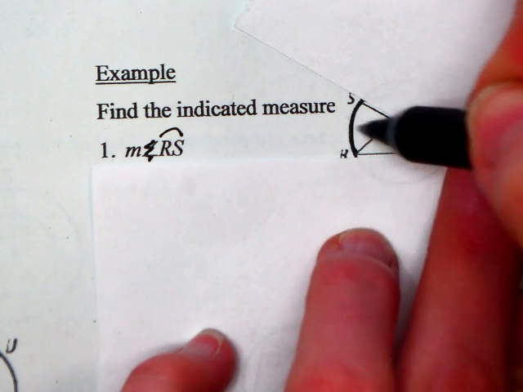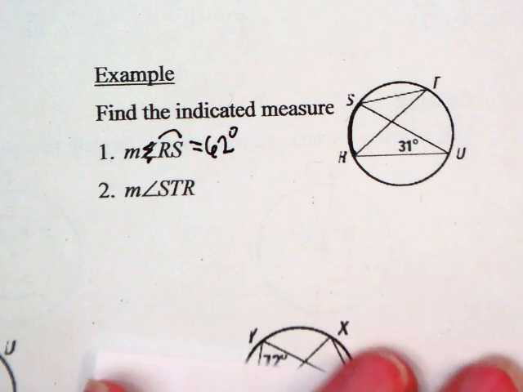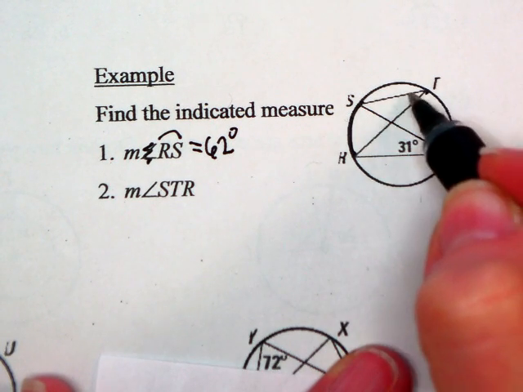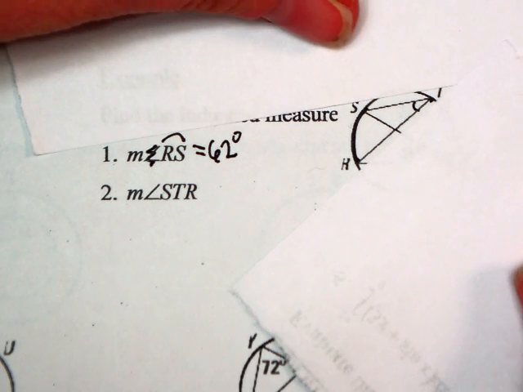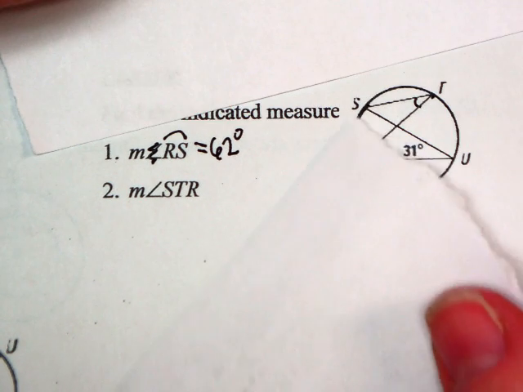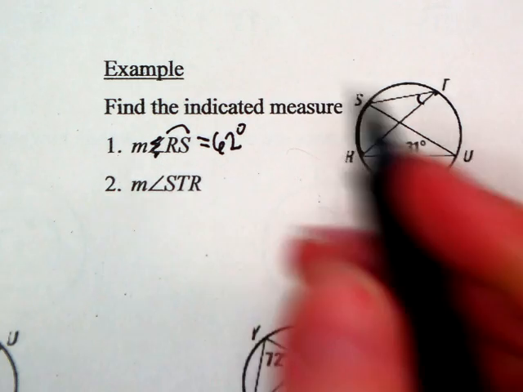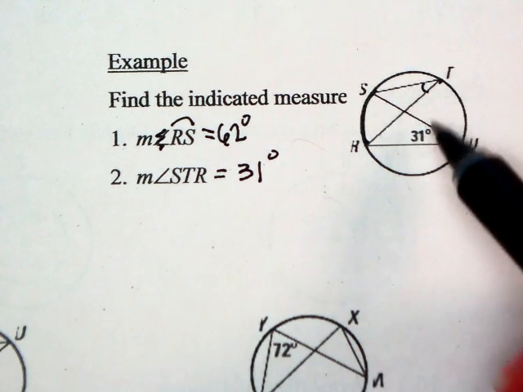So that makes its arc 62. Next is angle STR, so S, T, and R. So I'm looking for that right there. And if you do that same trick, you find out that it goes with the same arc. It's also with arc SR, which is the same as this guy. So if they go to the same arc, then they have to be the same measure. So angle T has got to be 31 degrees.